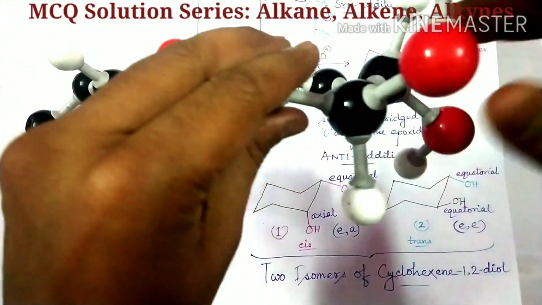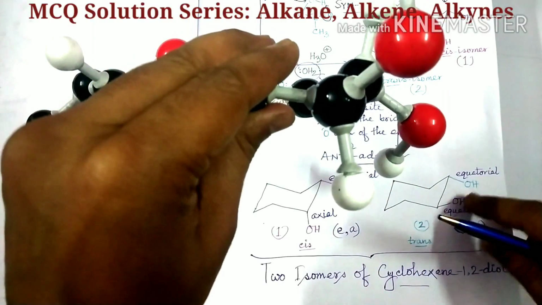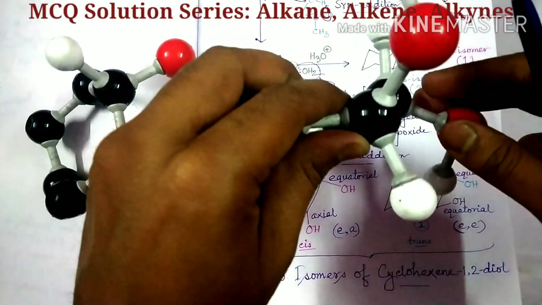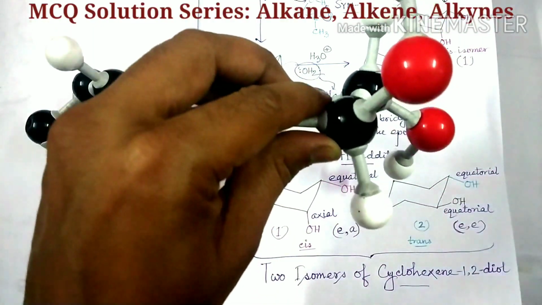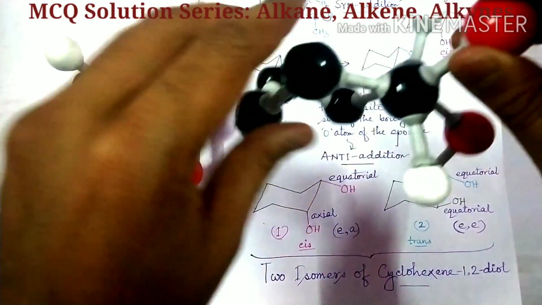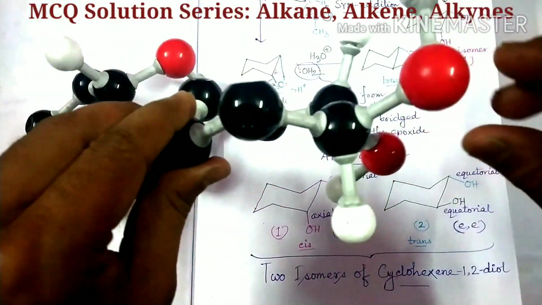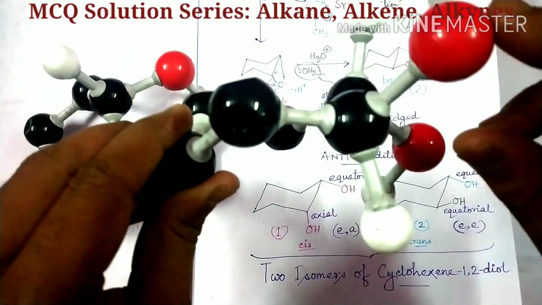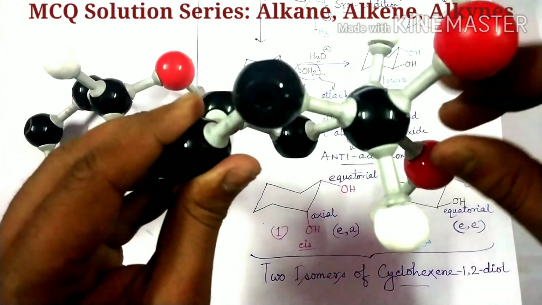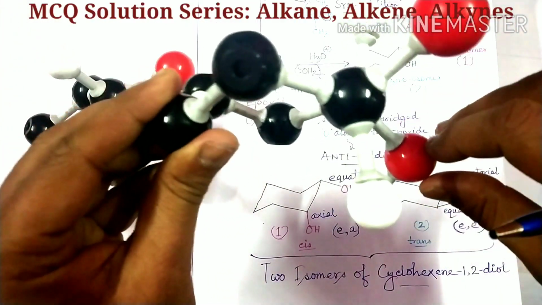So this one is actually a trans isomer, that is the two OH groups are present, this one is the above the plane bond, that is the upward bond, and this one is the downward bond.